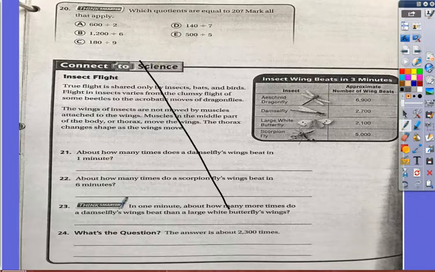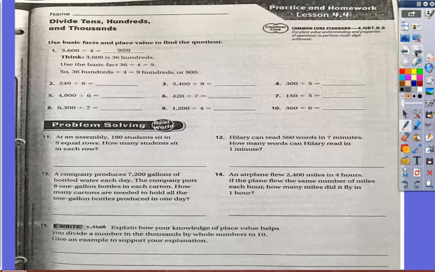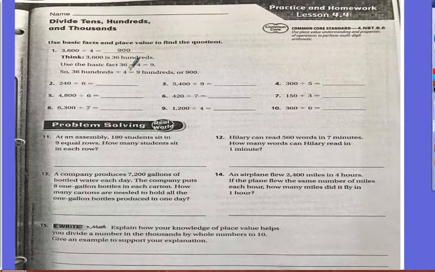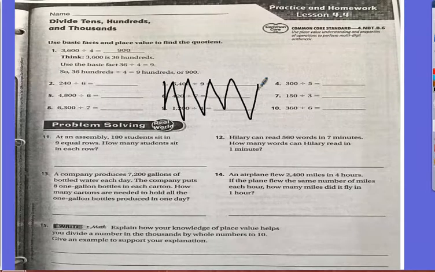We don't have to do the rest of these unless you would like. We're not going to do this page, but we are ready for our homework already. I really want you to get a lot of practice on this one. Let's get rid of this row, and you can do the outside and the inside row.